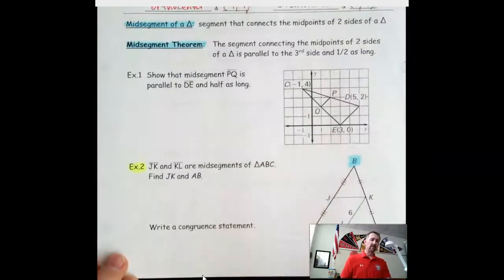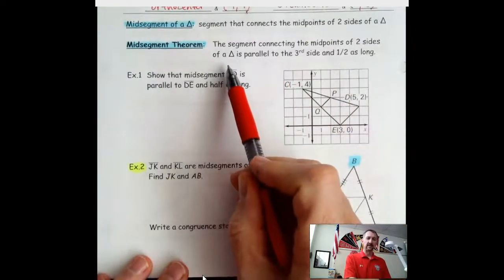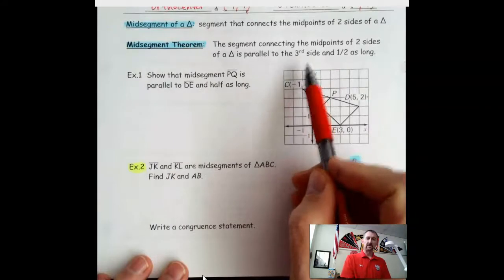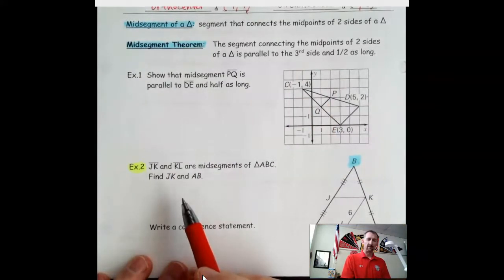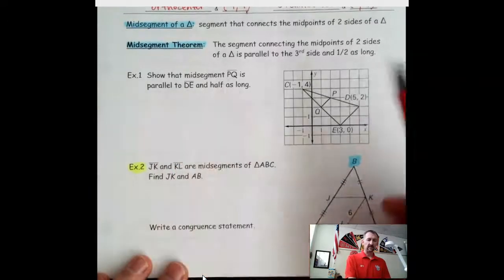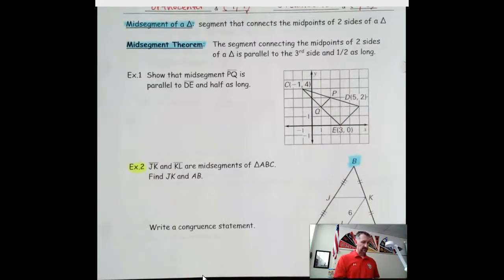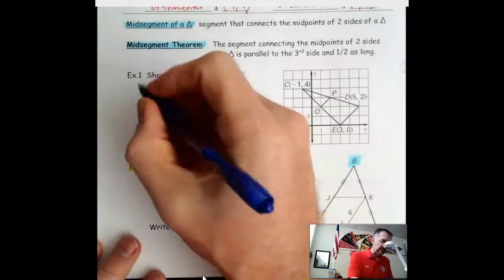So the Midsegment Theorem says that the segment connecting the midpoints of two sides is parallel to the third side and half as long. Okay, so it says show that midsegment PQ is parallel to DE and half as long. So let's do parallel first. So let's do the slope of DE.